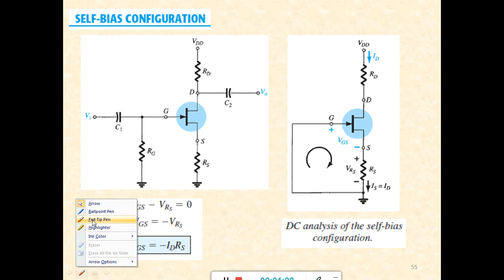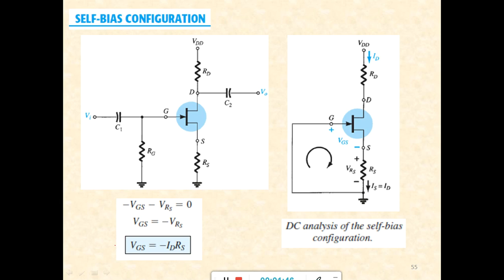One at the gate side and the second one at the drain end, which was VDD. So there were two supplies, which was actually a drawback in the case of a fixed bias configuration, and that drawback has been eliminated in the case of a self bias configuration.